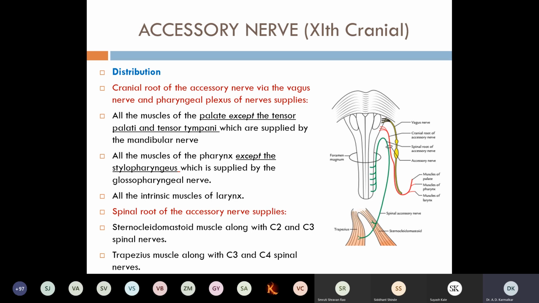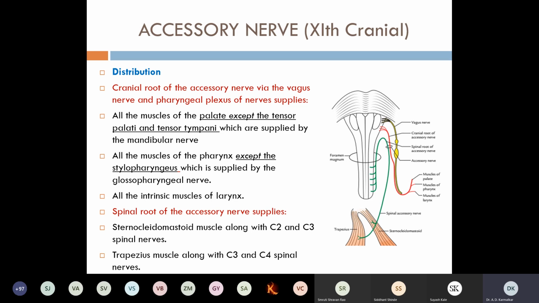All the muscles of the pharynx through the pharyngeal plexus, except stylopharyngeus, which is supplied by the glossopharyngeal nerve. So all the muscles are supplied by the cranial root of the accessory nerve via the vagus to the pharyngeal plexus, except the stylopharyngeus. And all the intrinsic muscles of the larynx are supplied by the vagus nerve.